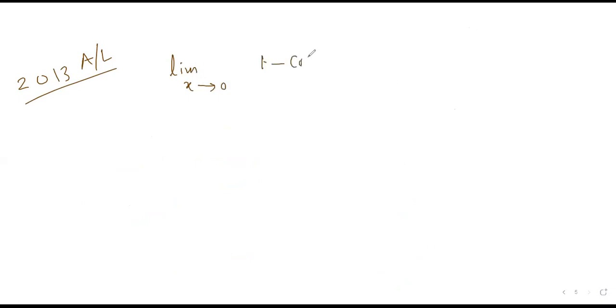One minus cos x over square root of 1 plus x squared minus 1. You have to prove that it's equal to half. 2013 A level. Okay, do it.